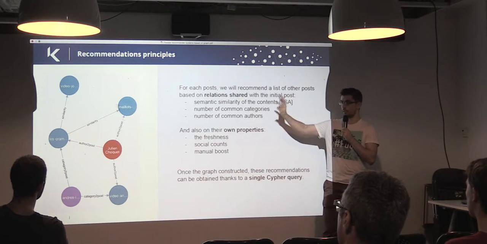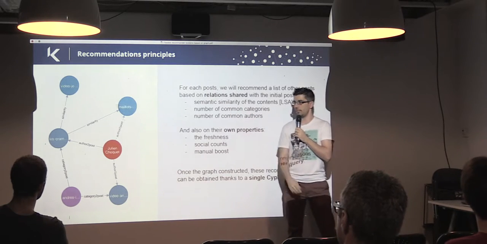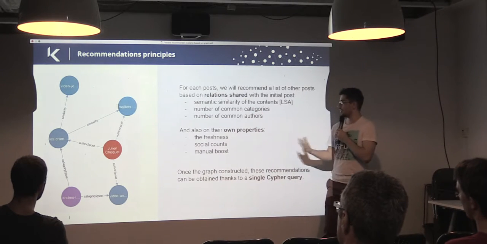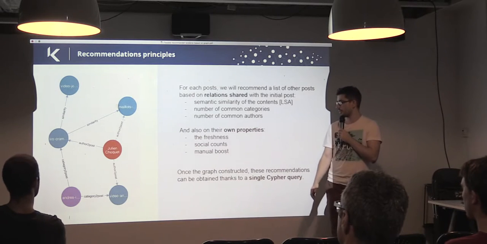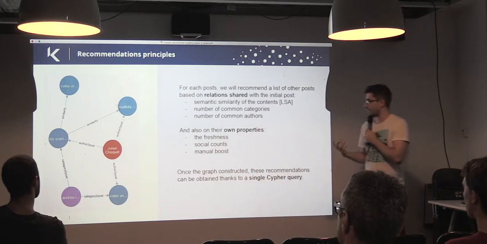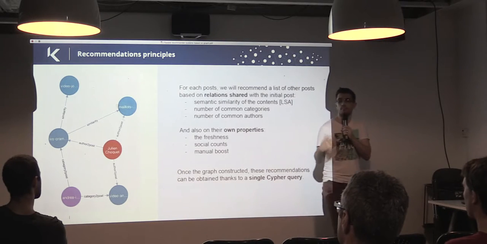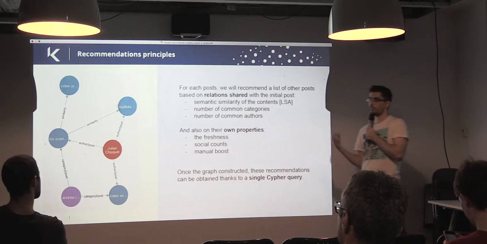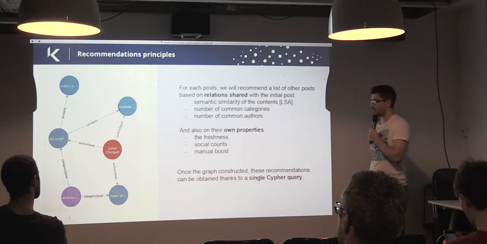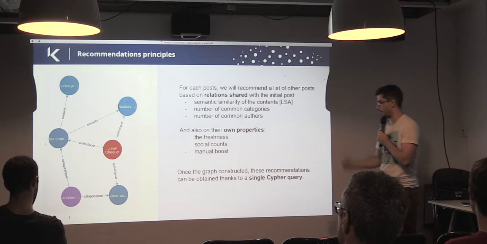by a simple query to this graph, taking into account all the relationships, the semantic similarities, the number of categories the posts have in common, the number of authors in common, but also their own properties, that is to say the freshness of the article, the social counts, and finally a manual boost that will help Cambly to help articles bubble up into the recommendation list when they want to perform, for example, specific marketing campaigns.